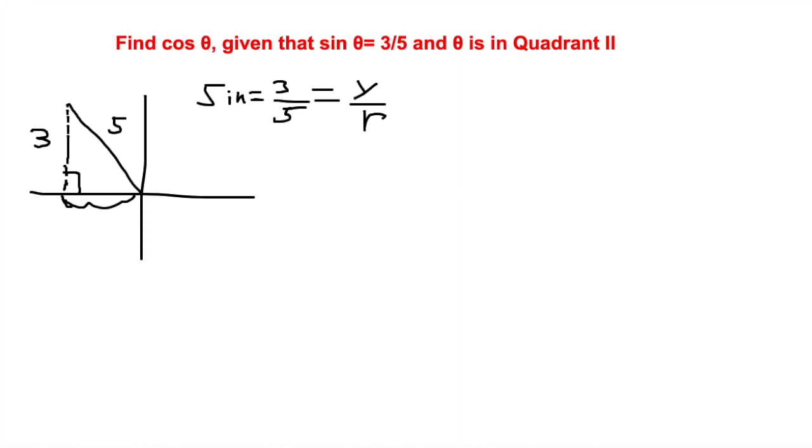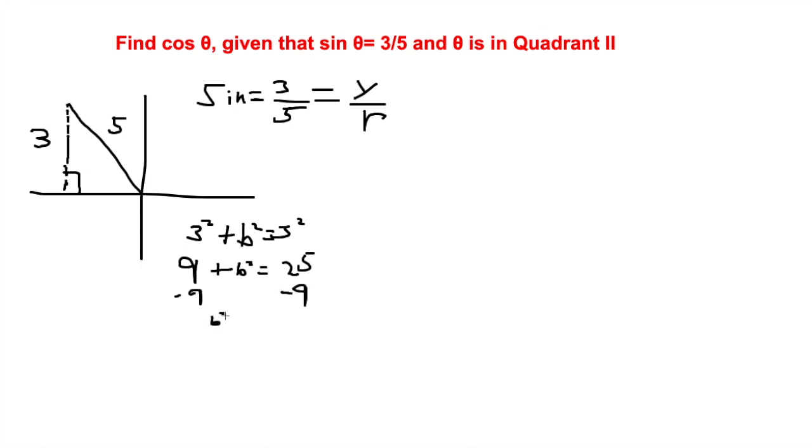Also, we can see that this side, the x coordinate side, is on the negative side of the x-axis, so it'll be a negative number. To find the missing side, all we do is use the Pythagorean Theorem. So 3 squared plus b squared equals 5 squared. 3 squared is 9, plus b squared equals 25, minus 9 from both sides.